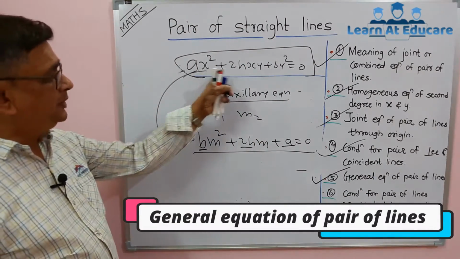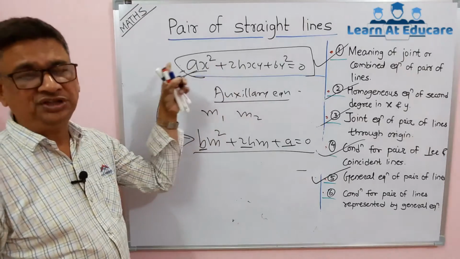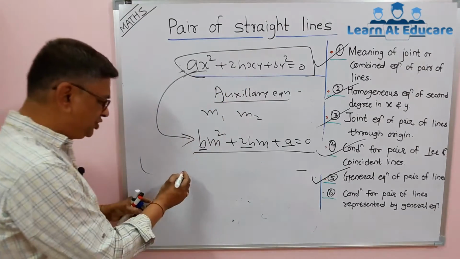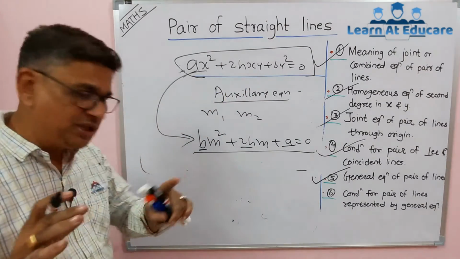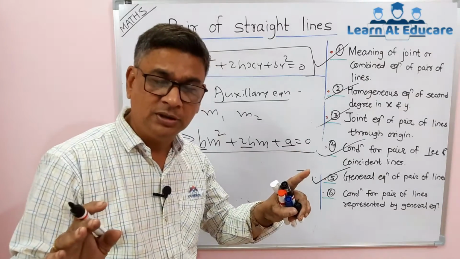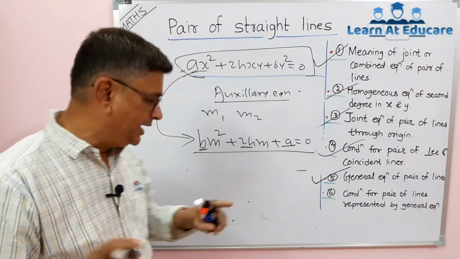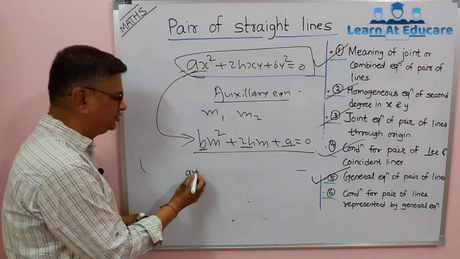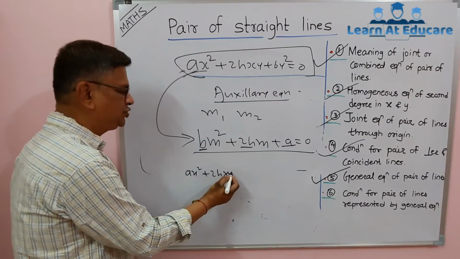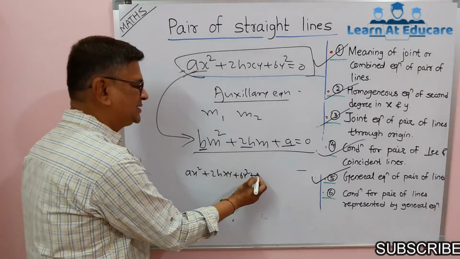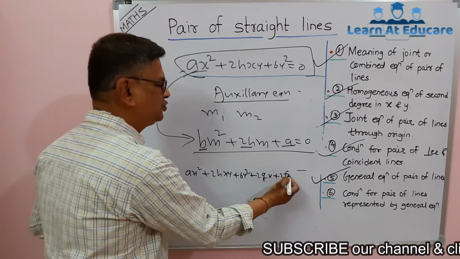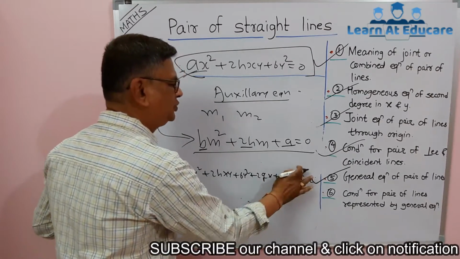This was the joint equation of pair of lines passing through origin, as well as the homogeneous equation. If you want the general equation of two lines, general meaning now not necessarily passing through origin, then their joint equation is given by ax square plus 2hxy plus by square plus 2gx plus 2fy plus c equal to 0.